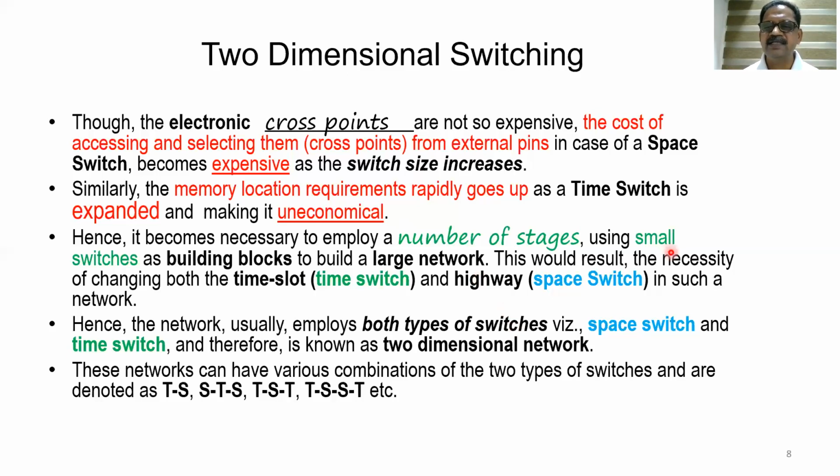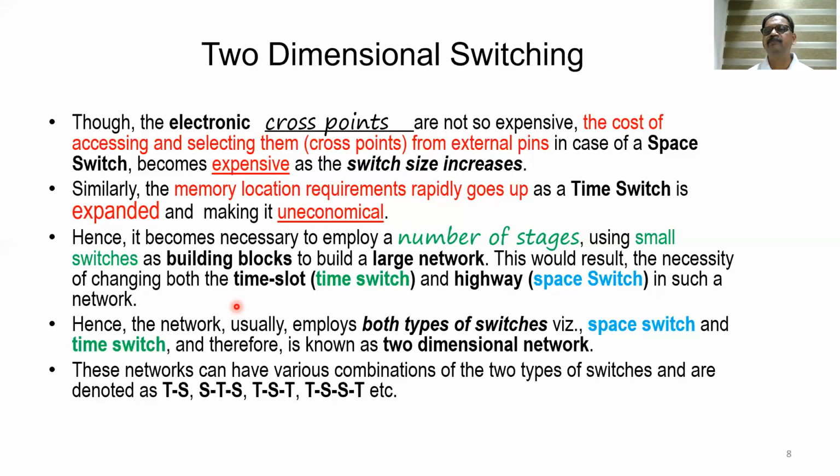This would result in the necessity of changing both the time slot, that is time switch, and highway, that is space switch, in such a network. So in a large switch, we have to adopt time slot interchange, that is represented by time switch, and highway jumping, that is taken care of by space switch.